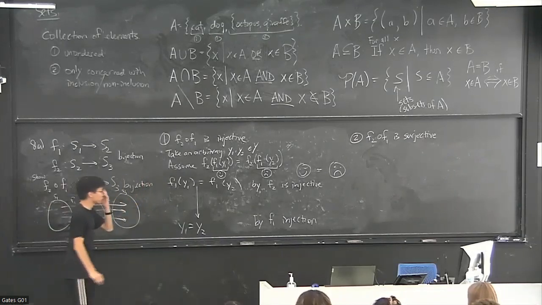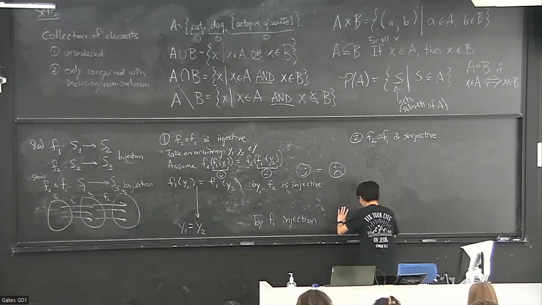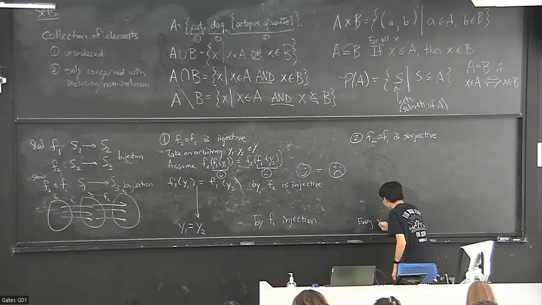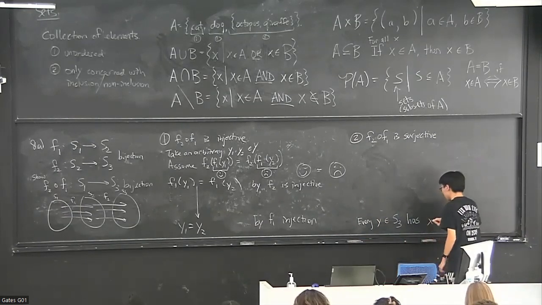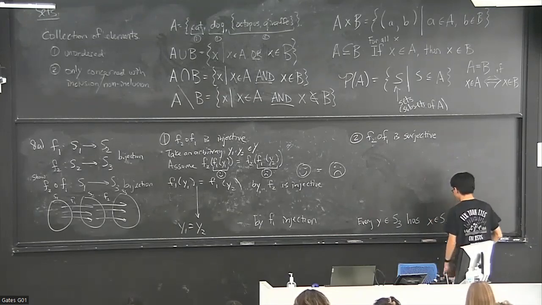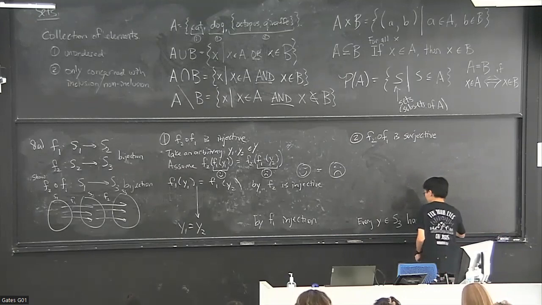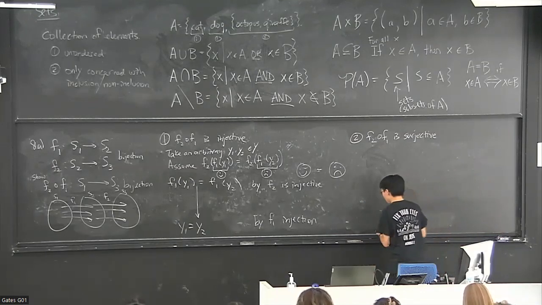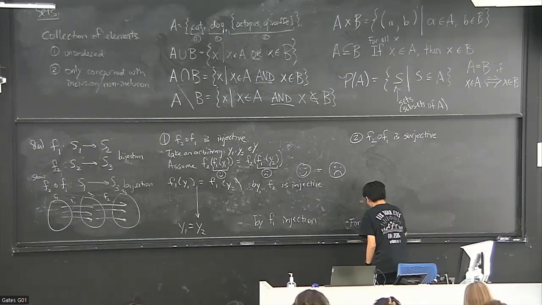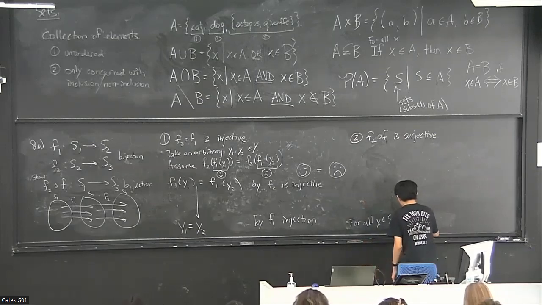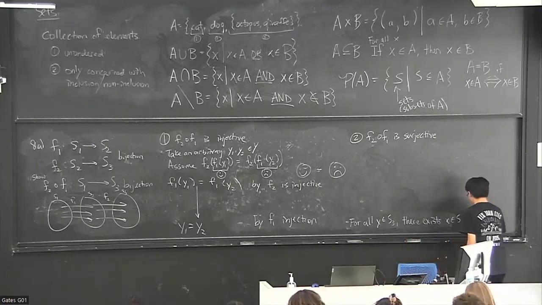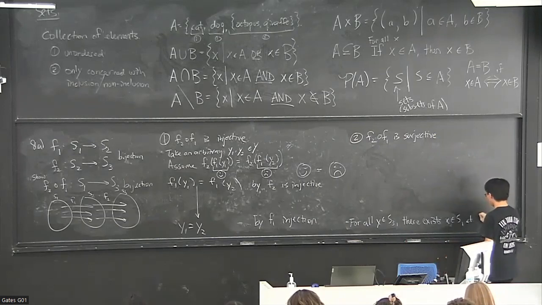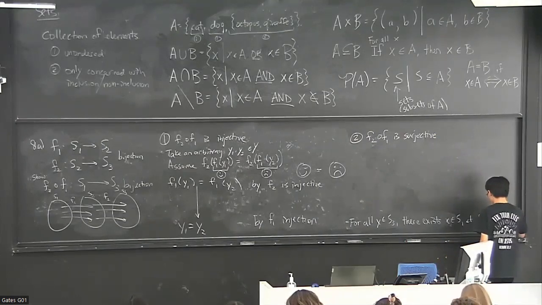And so to show that this is surjective, we want to say that every y inside S3 has an x in S1, or maybe I'll write it this way: for all y in S3, there exists x in S1 such that f2 f1 of x equals y.